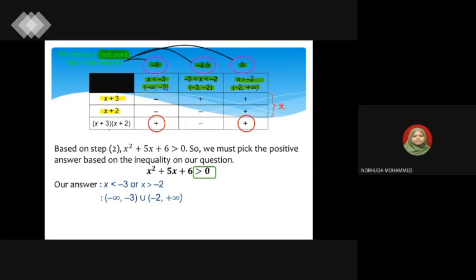As you can see, this last row is actually the product of factor 1 and factor 2. So, negative times negative will give positive. Positive times negative will give negative. Positive times positive gives positive.